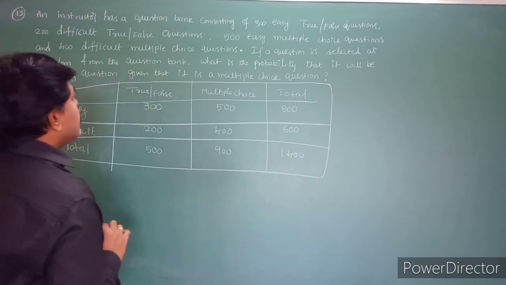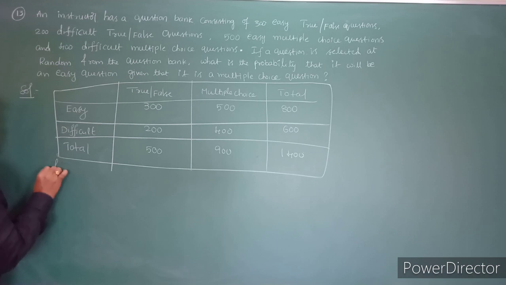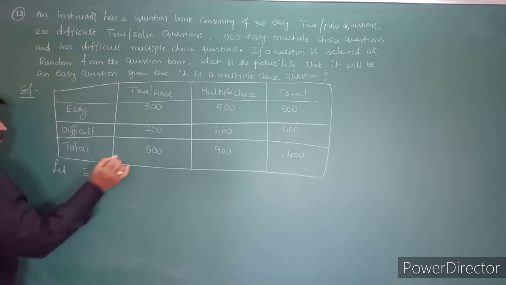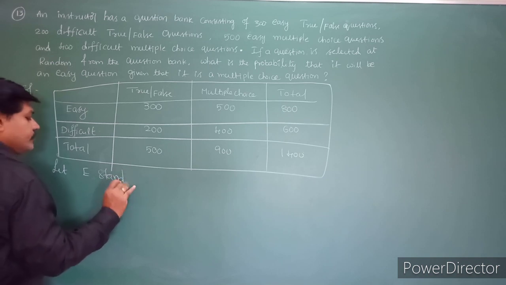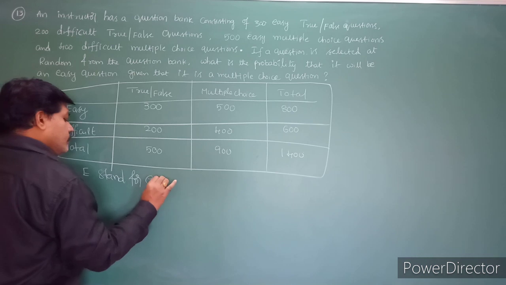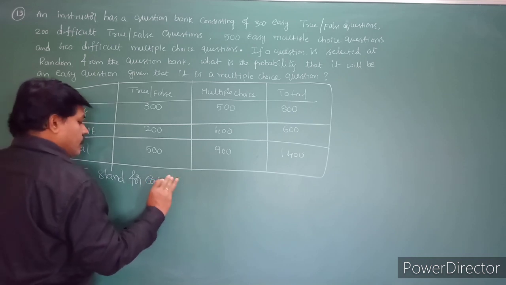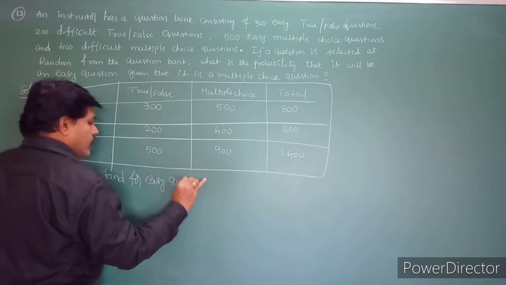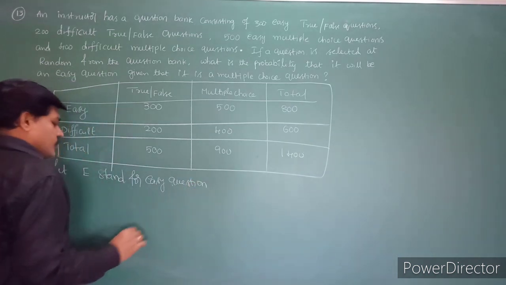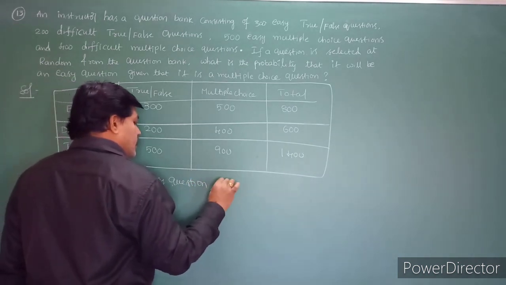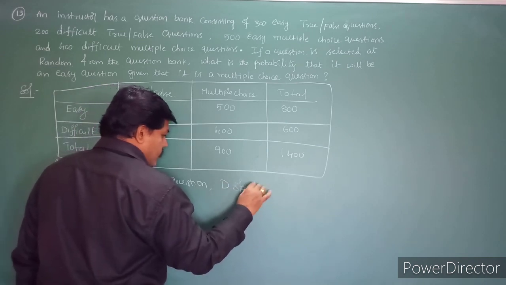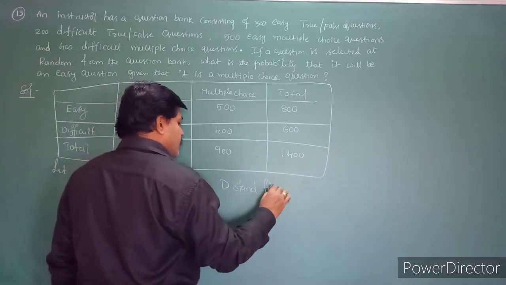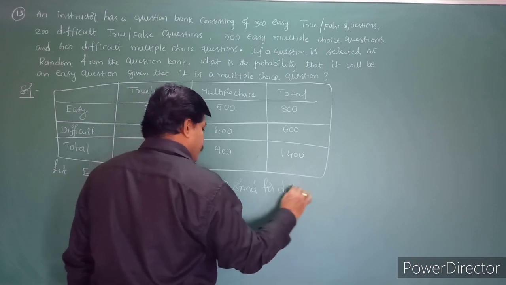So first, what we will take: let E stand for easy questions, and D stand for difficult questions.